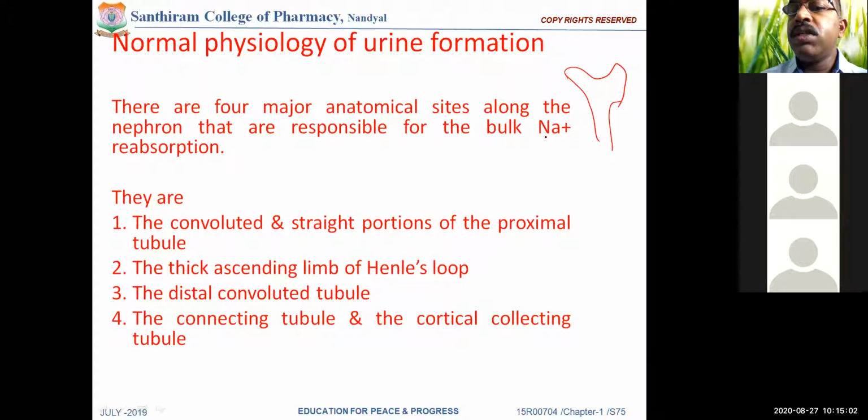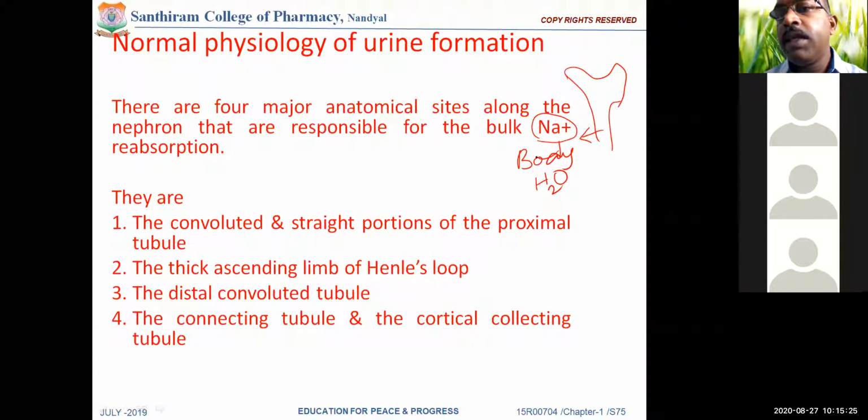And when these Na plus ions are reabsorbed into the body, along with them the associated water is also absorbed. So these four anatomical sites are responsible for retaining water in the body.